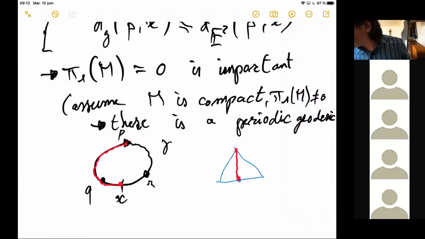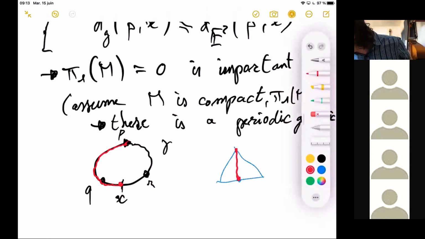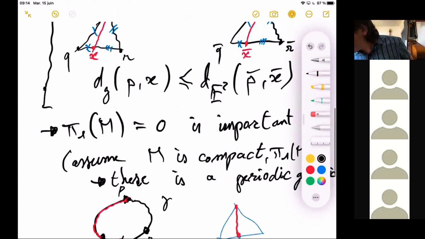Maybe you have to take a little margin, maybe go inside the convexity radius, I guess. If your triangle is contained inside a ball where you have uniqueness of geodesics, which is basically what the convexity radius is, then that will do. Okay.